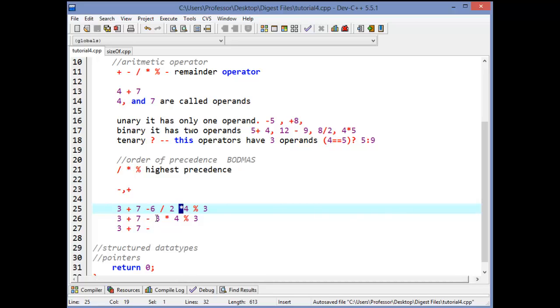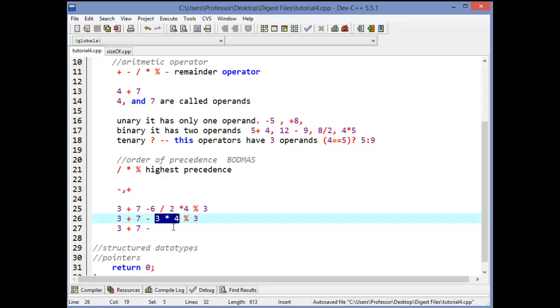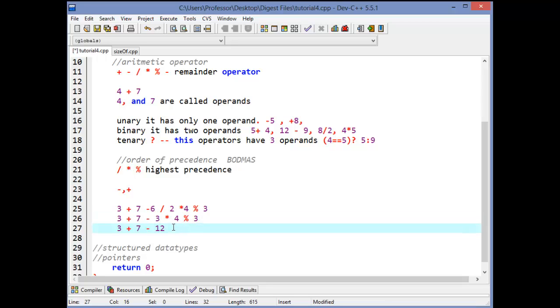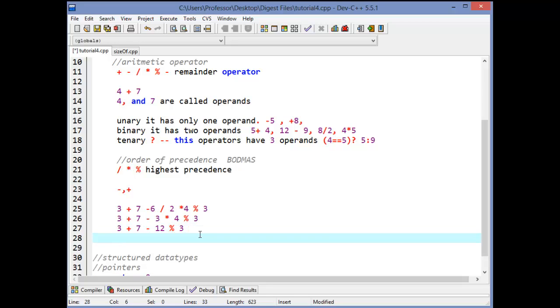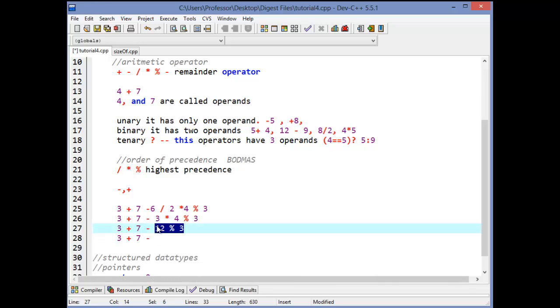So we have 3 times 4 over here. That means that will give us a 12. Then we have mod 3. And last but not the least, we have 3 plus 7 minus. Now we can evaluate our mod. Is that okay? Now 3 can divide 12 4 times without any remainder.